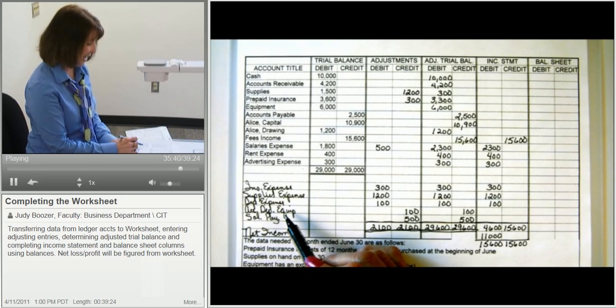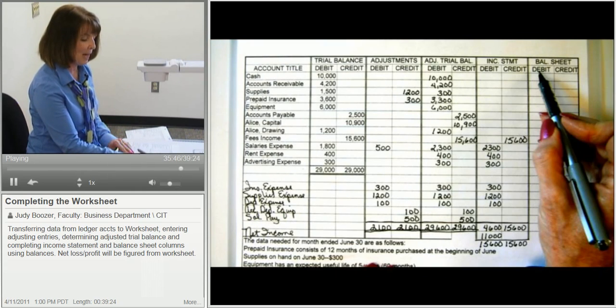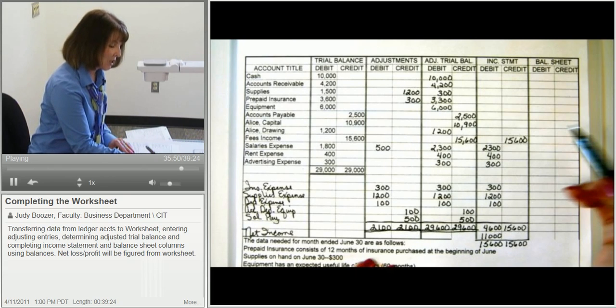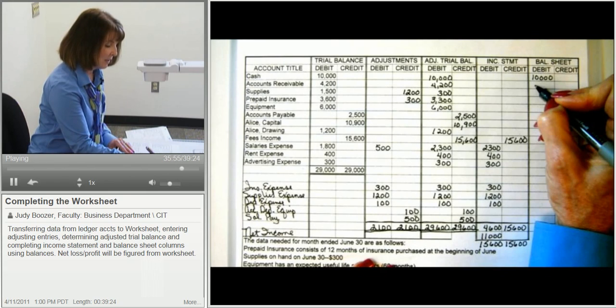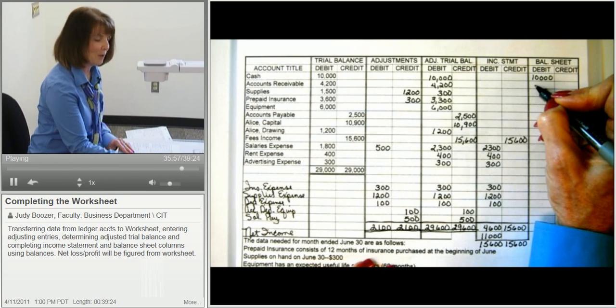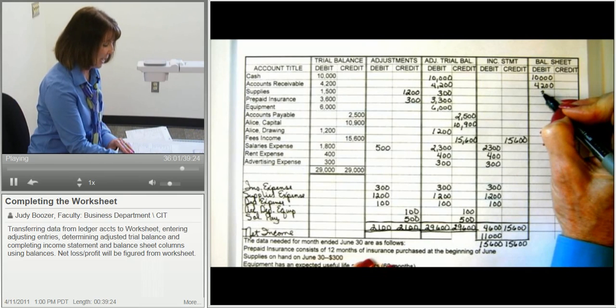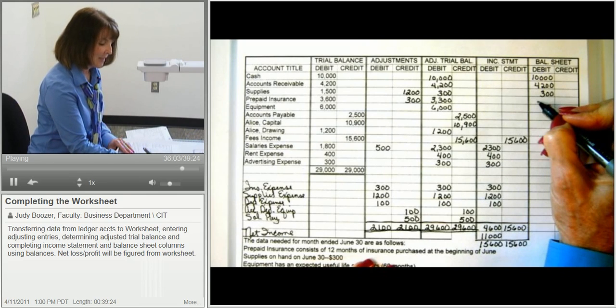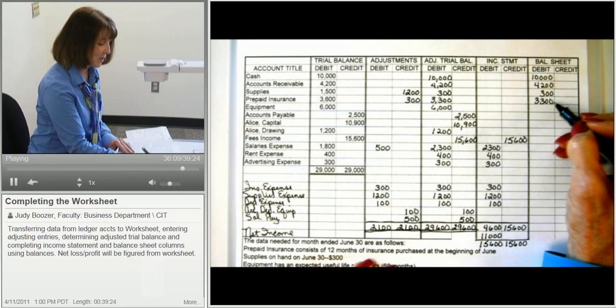Contra asset. And salaries payable, which is a liability, gets extended to the balance sheet columns. So let's do that. Cash comes over here, 10,000, 4,200 for accounts receivable, 300 for supplies, 3,300 for prepaid insurance, and 6,000 for equipment.